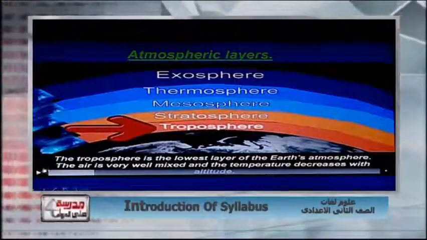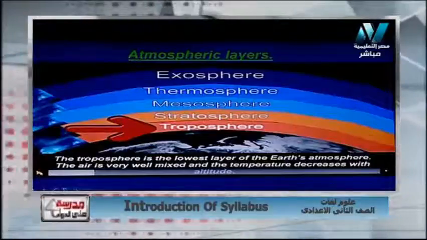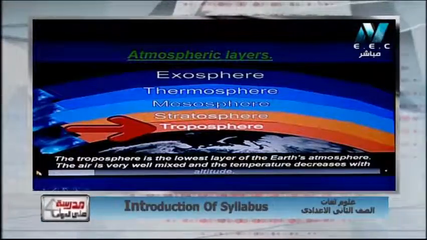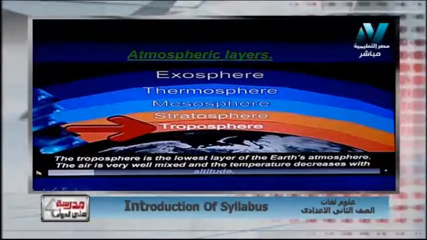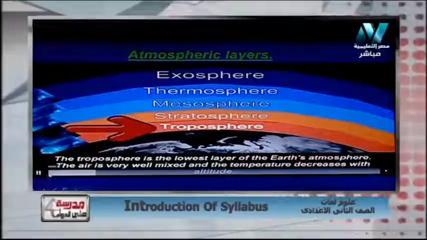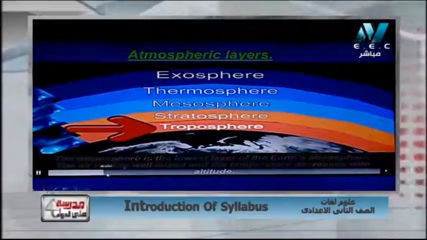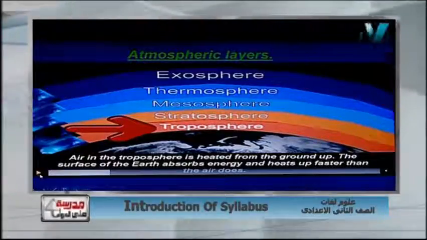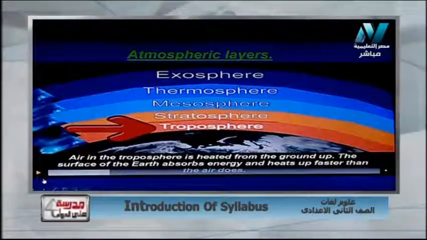طبعا أخذناها in social studies في الدراسات الاجتماعية. As we go upward in the troposphere, the atmospheric temperature will decrease 6.5 Celsius every 1 kilometer height. طبعا في الدراسات بناخدها انها بتقل درجة كل 150 متر ارتفاع. In science we study the temperature decreases 6.5 Celsius every 1 kilometer height في كل كيلومتر ارتفاع. Then dear students we have, as we see here, air in the troposphere is heated from the ground up, بيتصاعد إلى أعلى وبيسخن.